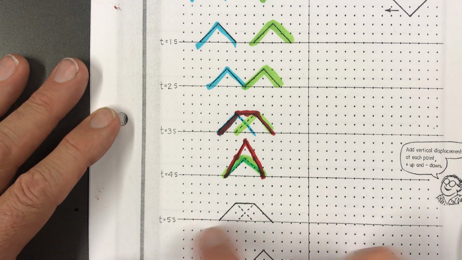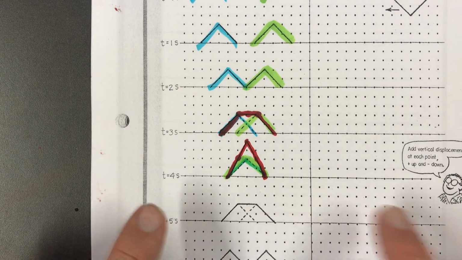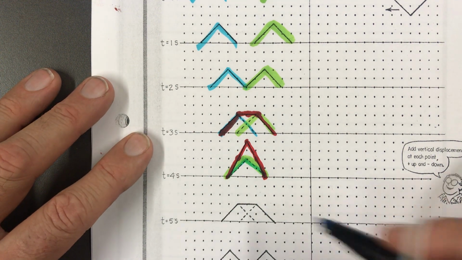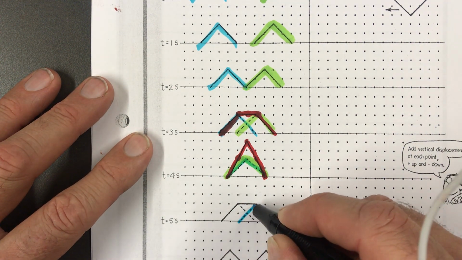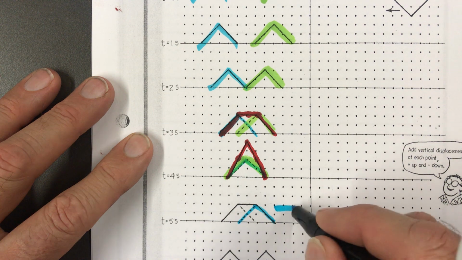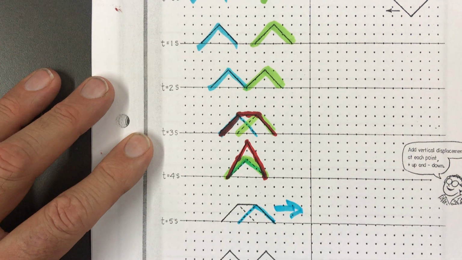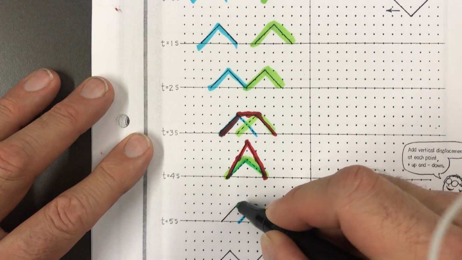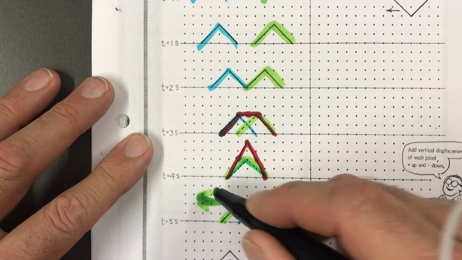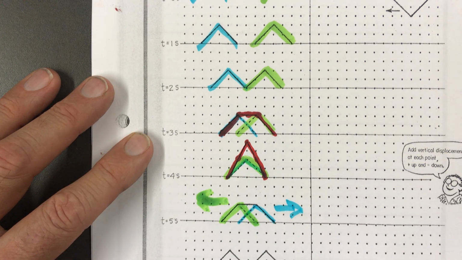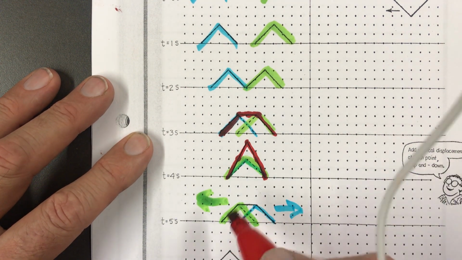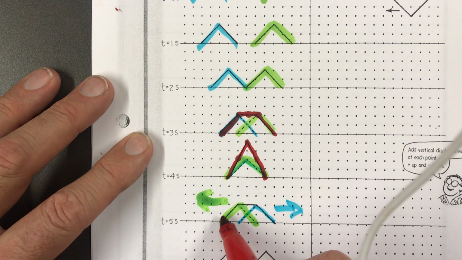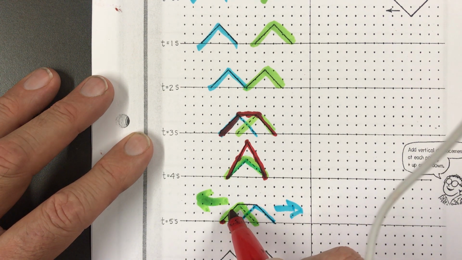Now at second 5, we start seeing that the waves are moving apart. We see that the blue has crossed the green, and it's moving in that direction. And the green has passed the blue, and it's moving in that direction. But we still have some overlap occurring. So if we start here at the green, that dot is 0. Here we only have green, so it's 0.